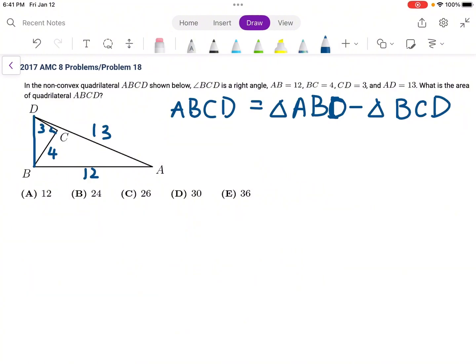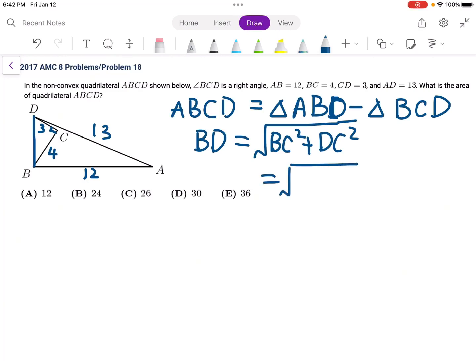That means the length of BD equals the square root of BC square plus DC square. And that's BC equals 4 plus DC equals 3. And that means BD equals 5.